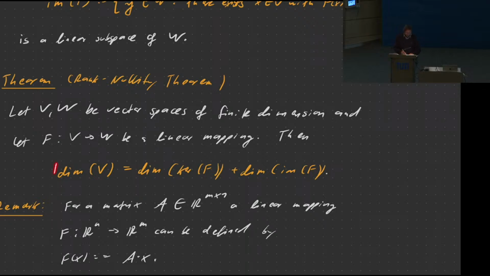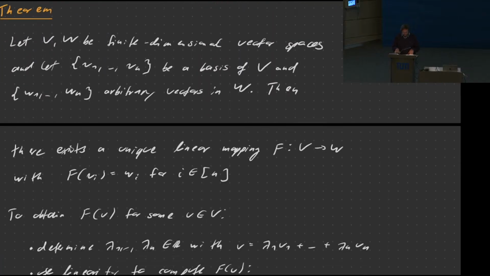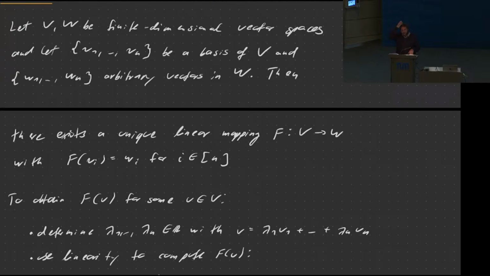And here you replace the n by the dimension of the domain V. Right? So the dimension of the domain is the same thing as the dimension of the kernel of f plus the dimension of the image of f. That's the general rank nullity theorem for linear mappings, and that matrix rank nullity theorem is just a special case of that. Okay, questions so far?